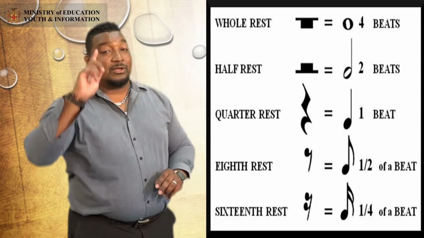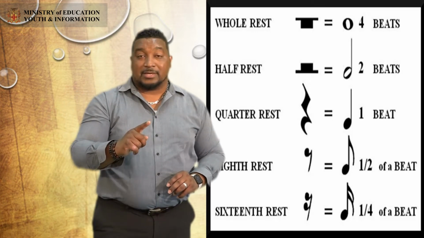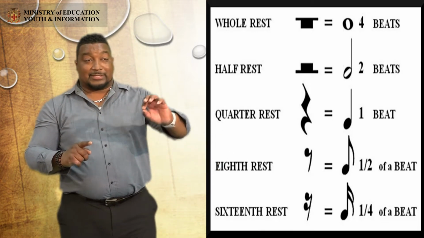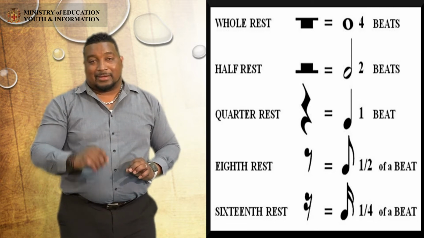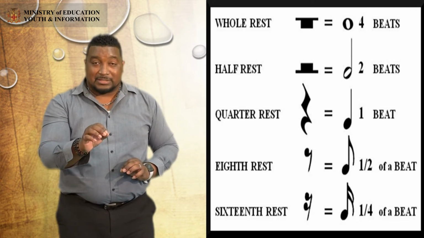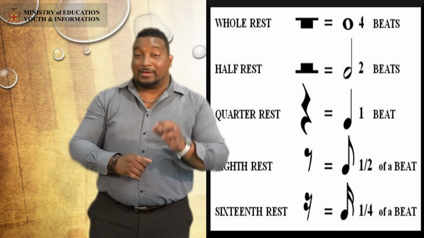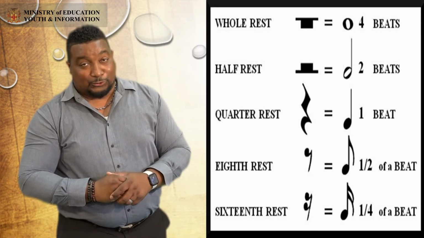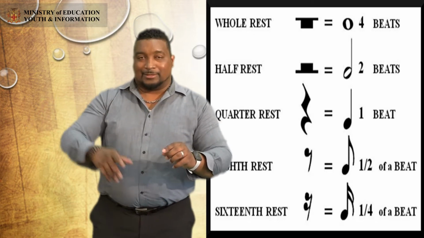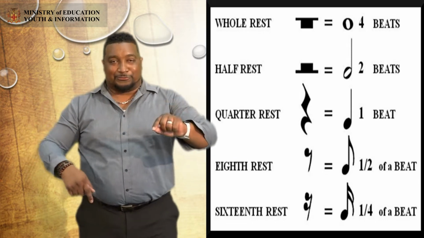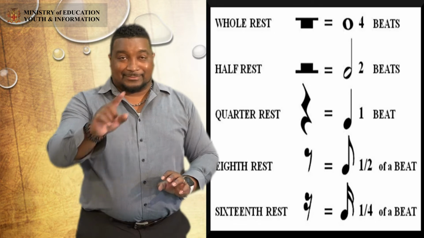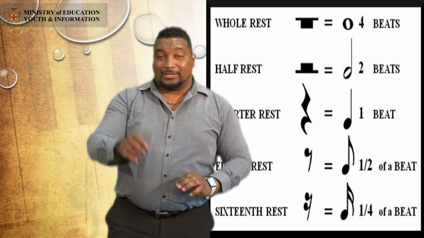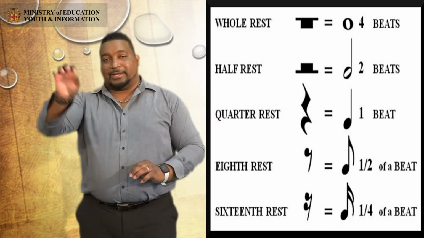And that values 1, just like the quarter. Your 8th note rest looks like a little number 7 with a little twirly thing. If you see those symbols, then that means that you're resting for half a beat. Cool? So whole note rest, upside down hat, half note rest, hat, quarter note, the Z and the C, and your 8th, like your 7.